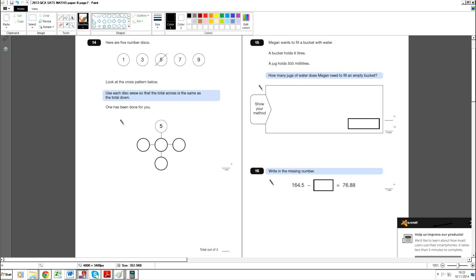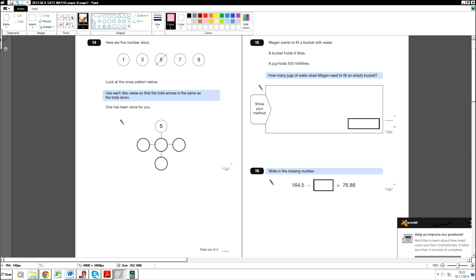So let's have a look at some possible answers that we could have had here. Under the 5, you could have a 1. For example, 5, 1, and then under 1 is 7. What total is that? 13. We're going to make it the other way. So 9 add 1 add the 3. So that's one possible solution.